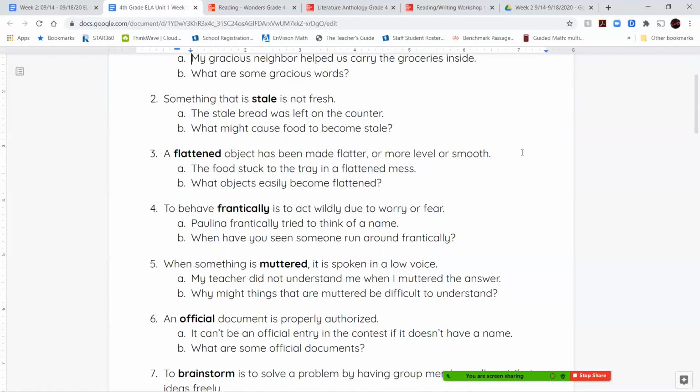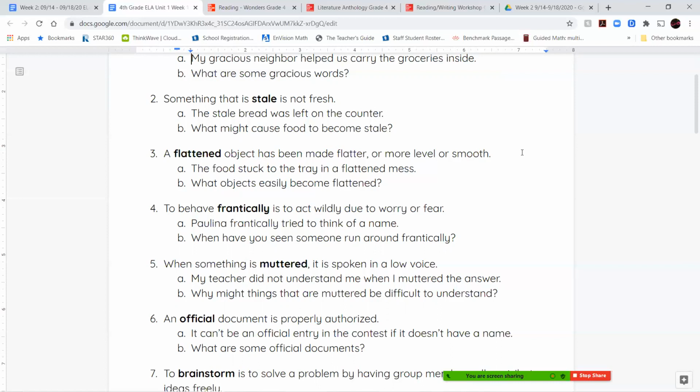She started walking back and forth, thinking really hard until she came up with the name. An example question is, when have you seen someone run around frantically? Think if someone's being chased, right? If you're playing tag and the person running behind you is getting really close, you're running frantically, right? You're running as fast as you can. Maybe you're zigzagging back and forth to try and get away from them so you don't get caught.